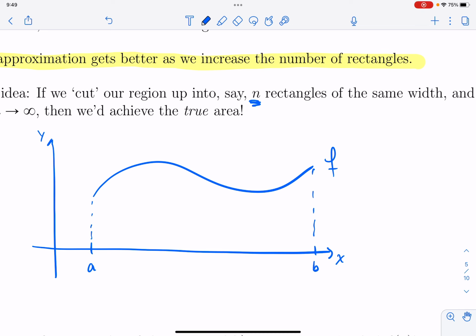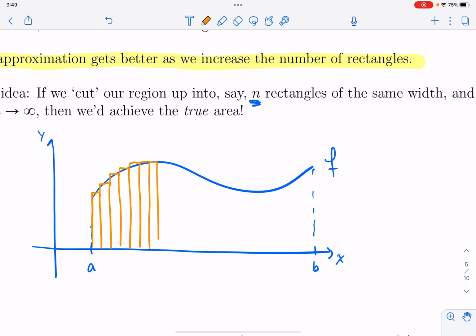So, for example, maybe over here on the left, we have this type of a rectangle. And we want them all to be of the same width. So maybe the next one looks like this. The next one looks like this. The next one looks like this, and so on and so forth. I'm not being particularly fancy with how I'm doing this. But the idea is that we squeeze in a whole lot of them.